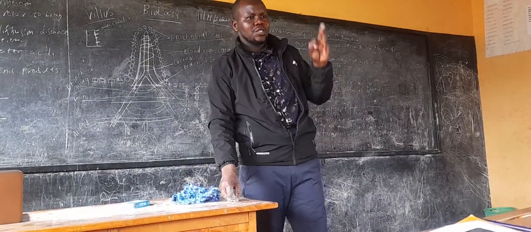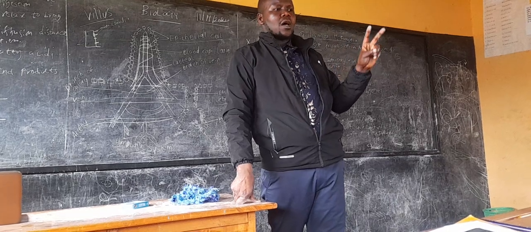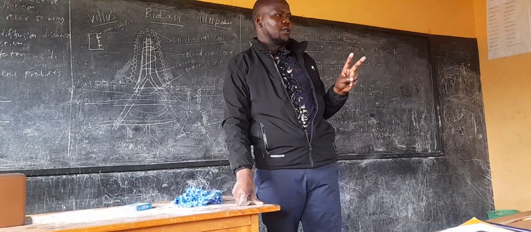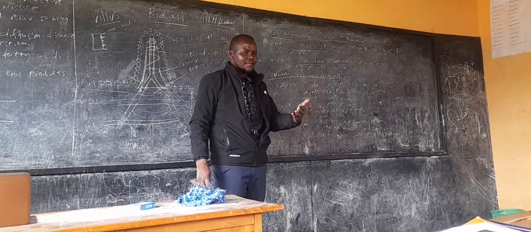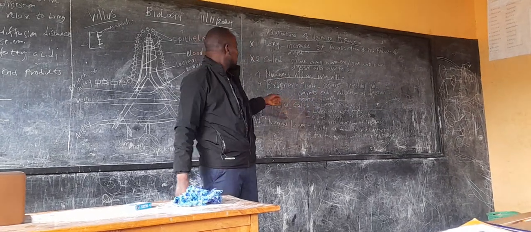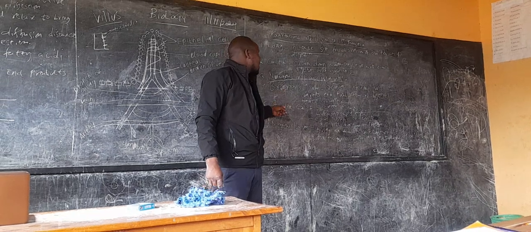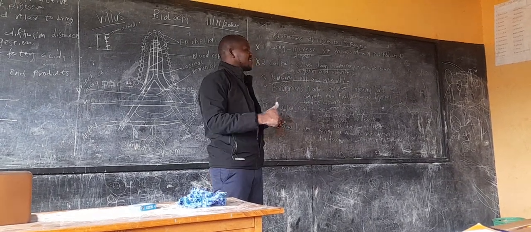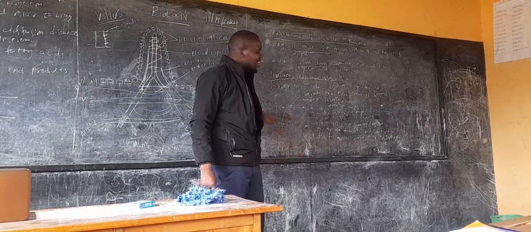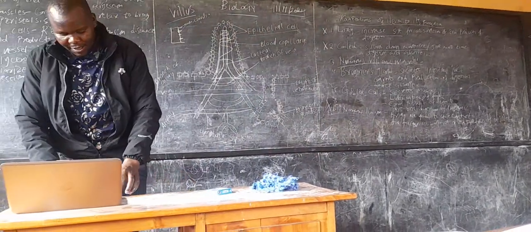That mucus does lubrication and coating of the walls to prevent them from being digested by the enzymes. We have many enzymes secreted by the Brunner's gland, so we have to coat the walls to prevent them from being digested. That is the end. Nice having you in this lesson. Thank you very much.